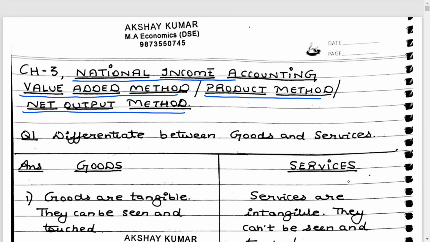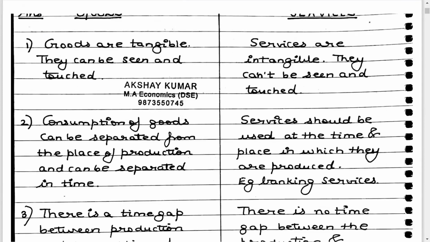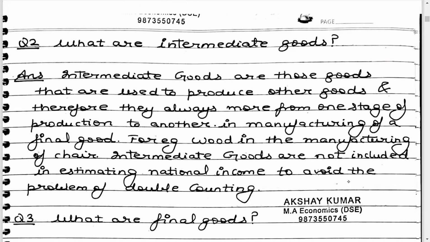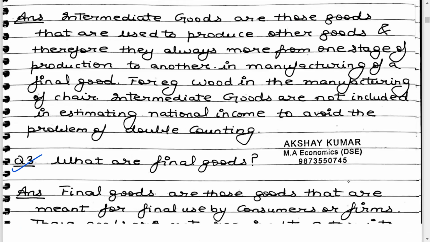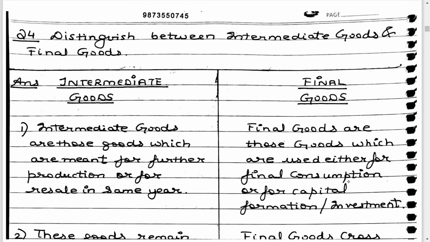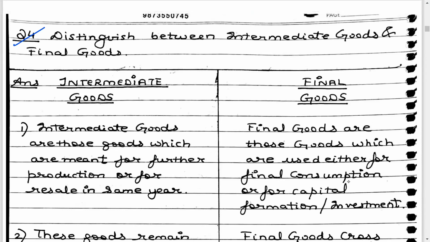And we had looked at the first question, regarding the difference between goods and services. We had covered this question in the previous lecture. We had also looked at what is meant by intermediate goods and final goods, and the difference between them.